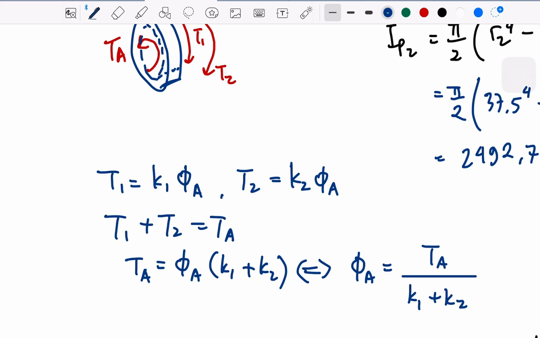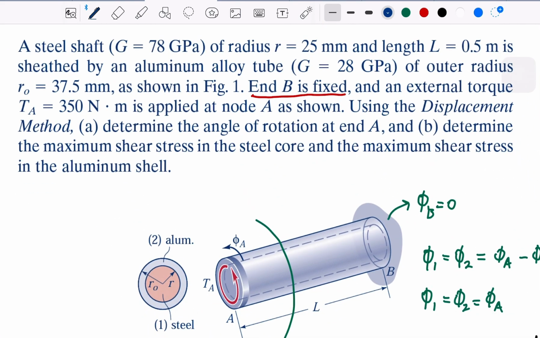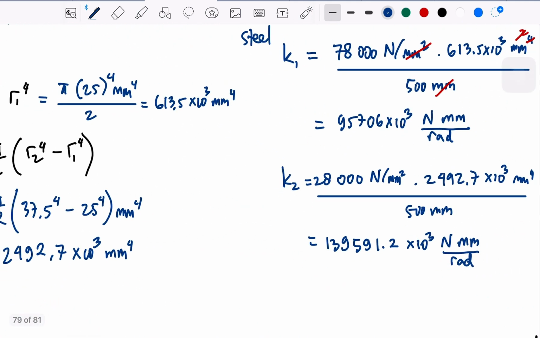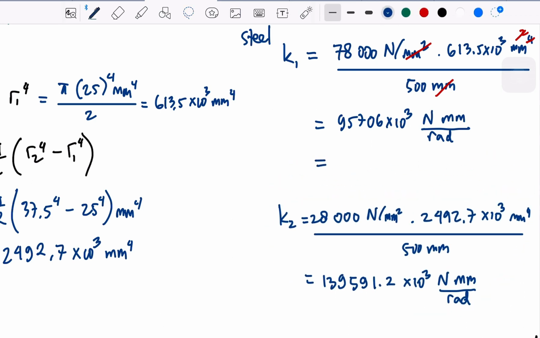So TA is 350 Newton meter. I think we can change to meter from this millimeter here, to make the calculations much easier.